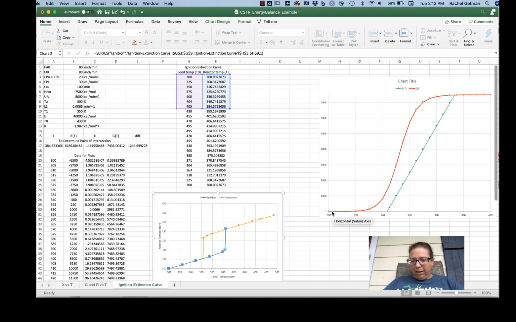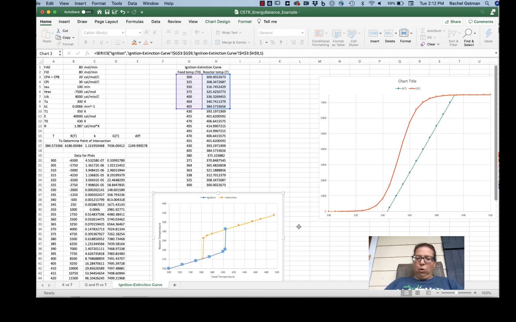Basically, what I want to say is I want to plot T naught versus T combinations. So T naught on the x-axis and T on the y-axis. T naught is the feed temperature and T is the reactor temperature. I want to capture this region where T versus T naught is relatively linear. And then I want to capture my ignition temperature.